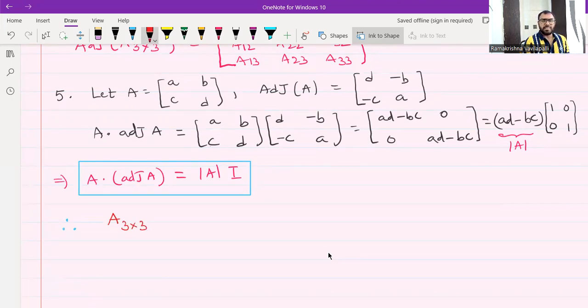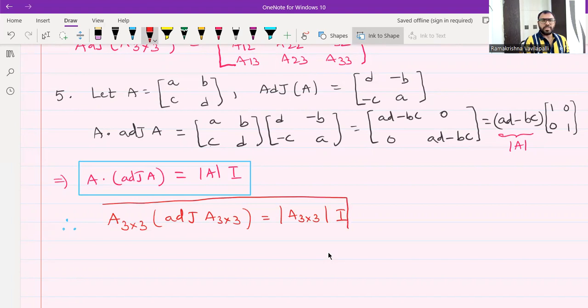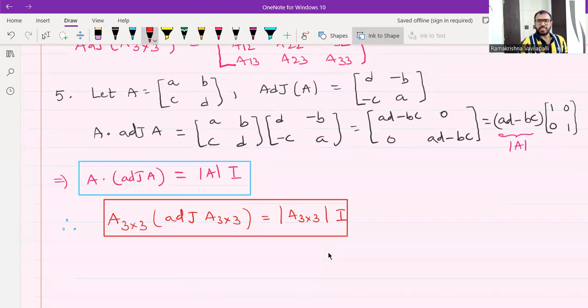So A 3 by 3 into adjoint of A 3 by 3. It is true not only for 3 by 3. It is true for any order. So determinant of A 3 by 3 into I. If you can remember this formula, it is very nice. And this is also equivalent to, you can write that adjoint of A into A.